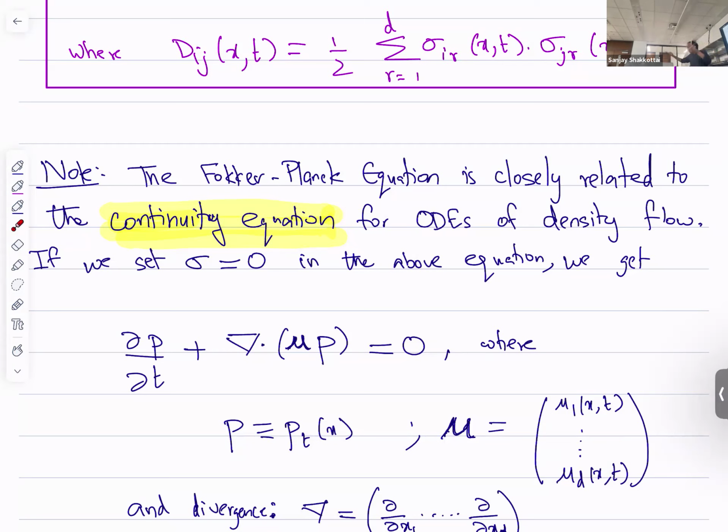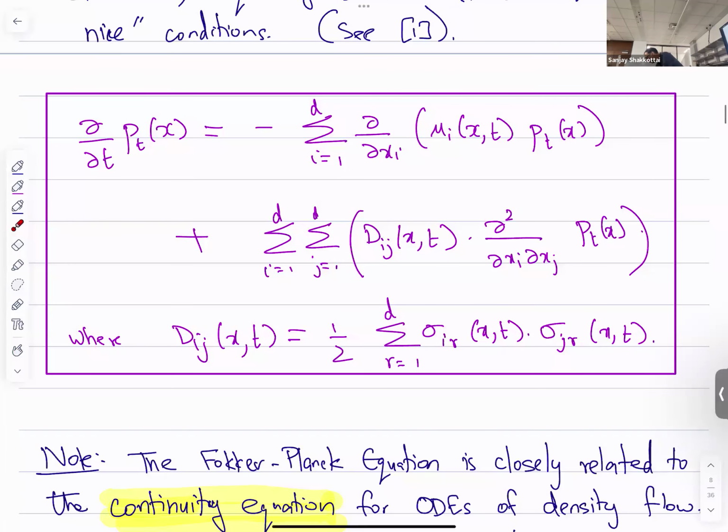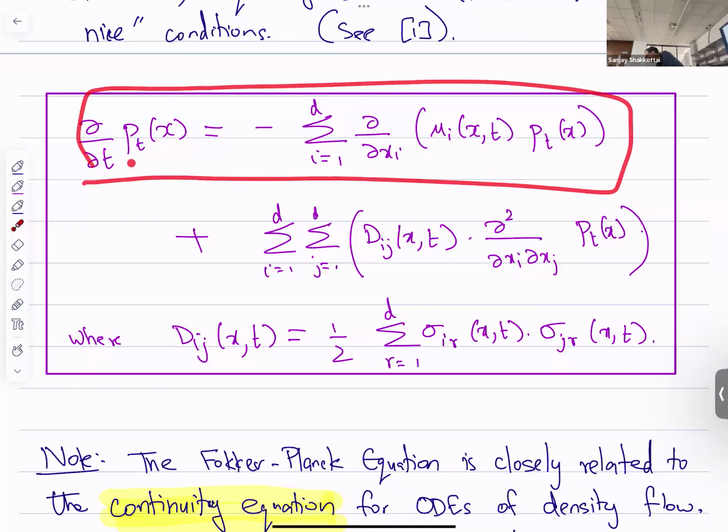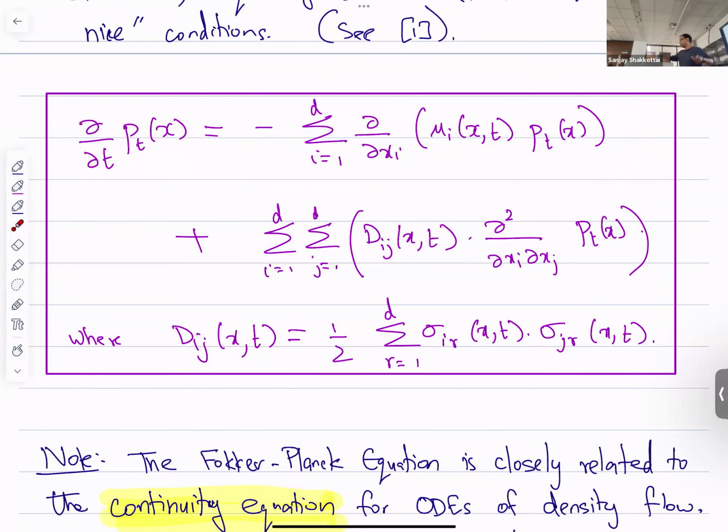This goes back to your basic physics, when you first started studying a vector field. That's basic. This is continuity, or conservation of mass. So if you now go back to the Fokker-Planck equation, the first part is exactly that. You're saying del P by del t is the negative of the divergence of the vector field times P. So the deterministic part is behaving exactly like conservation of mass.